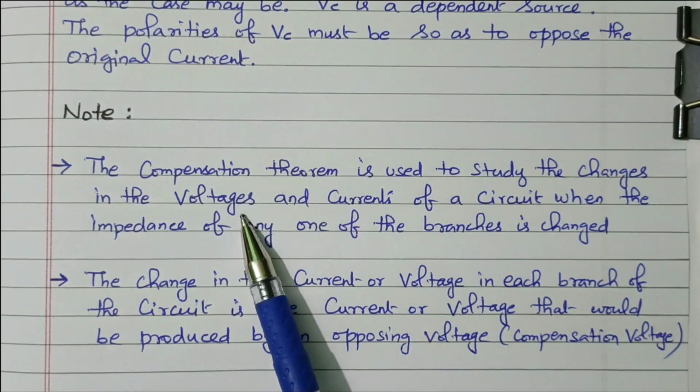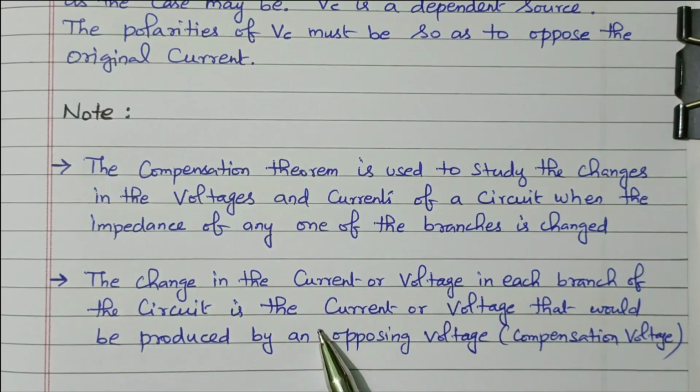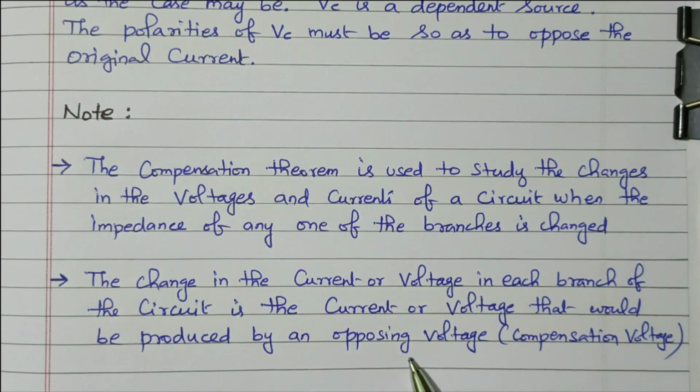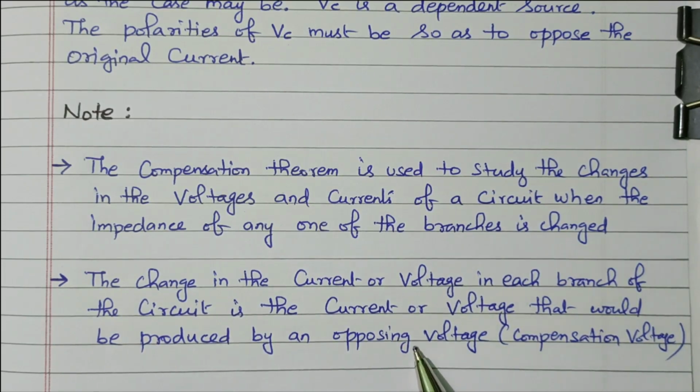How will the voltage and current be affected? The change in current and voltage in each branch of the circuit is the current or voltage that would be produced by the opposing voltage. That's why we are connecting the compensated voltage in opposing, reverse order, right?